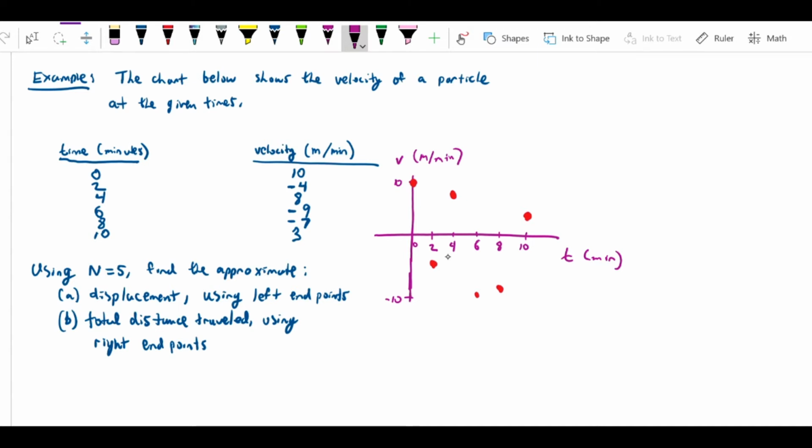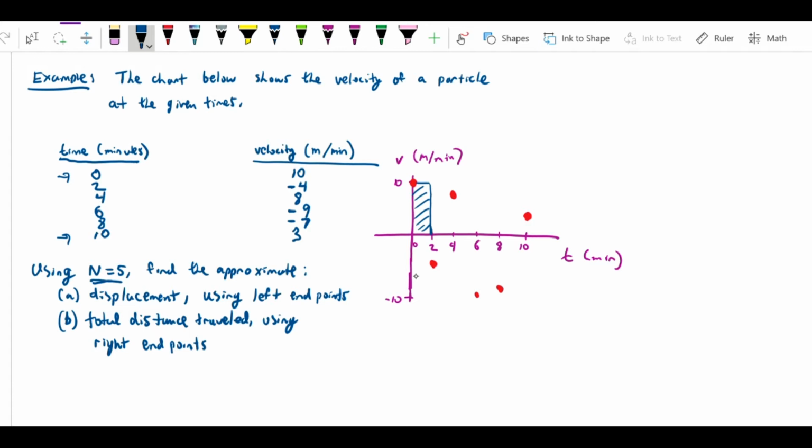When I use left endpoints, here's what it's going to look like. What we're going to do is treat the function as if it encloses this area here, because for the first interval, I'm using the left endpoint of the interval. Since I'm taking the total interval going from 0 up to 10 and dividing it into fifths, because I'm choosing 5 subintervals, each one is going to have a length of 2, and I'm using the left endpoint of each interval to stand in for the height of the function at that point.